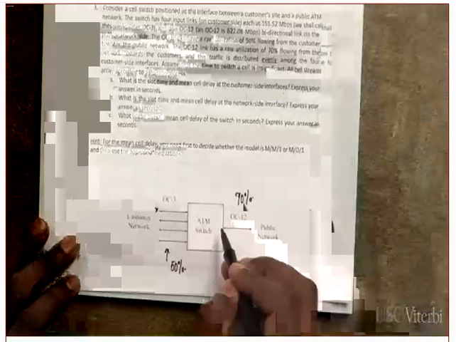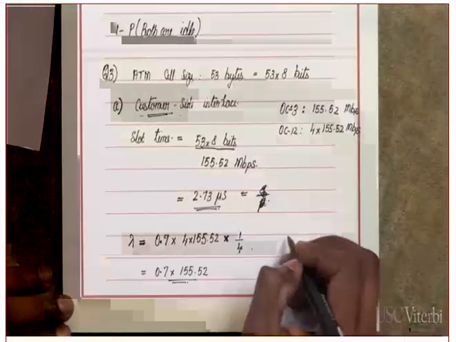So for part B, we have to find out the slot time and the mean cell delay at the network side interface. That's here, okay? It's basically the same sort of evaluation. Now we are dealing with the OC12 link, and then we have mu 4 times.